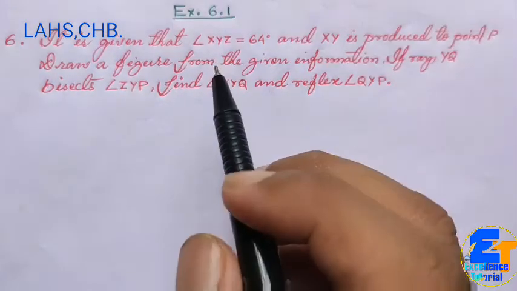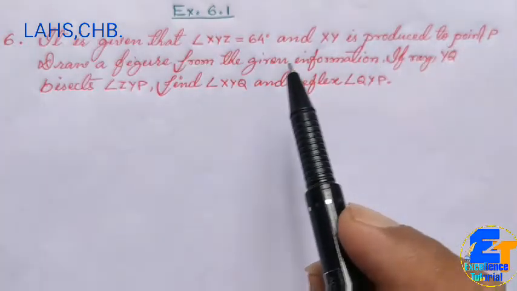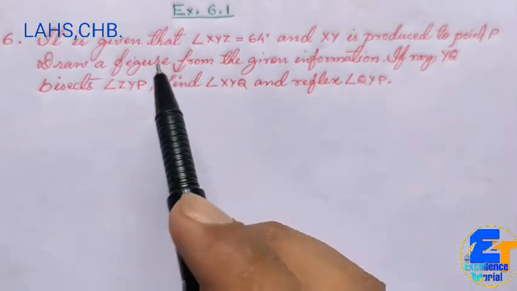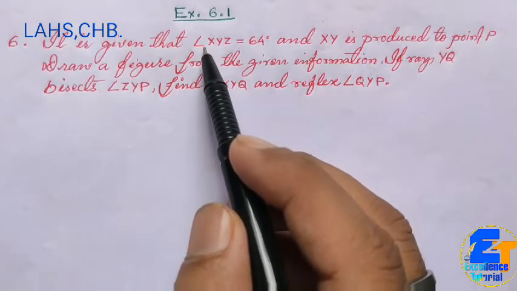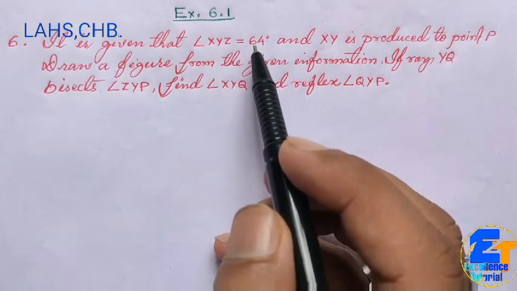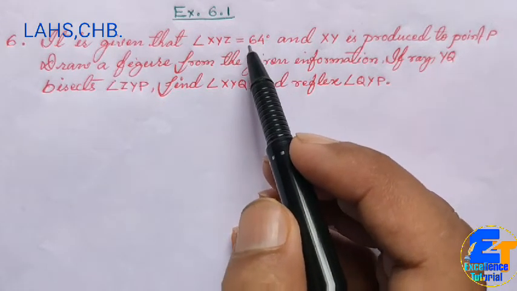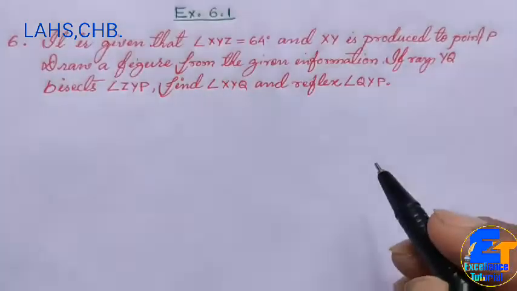Now see, based on the information given in this question, let us draw the diagram. First of all we are going to draw this angle XYZ, and since its measurement is given as 64 degrees, we draw it in this way.